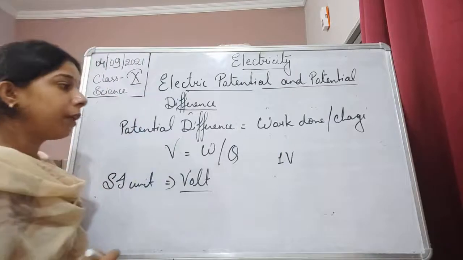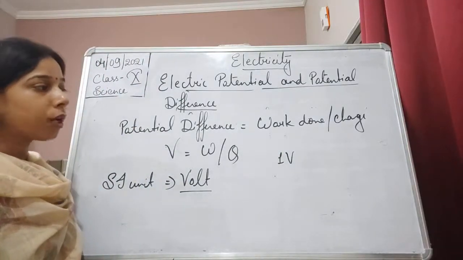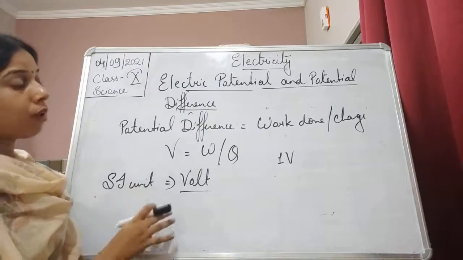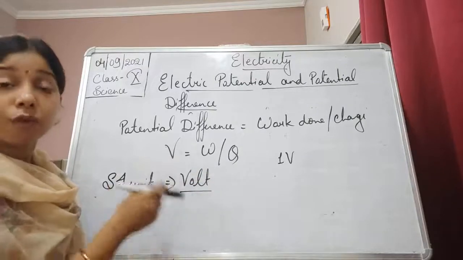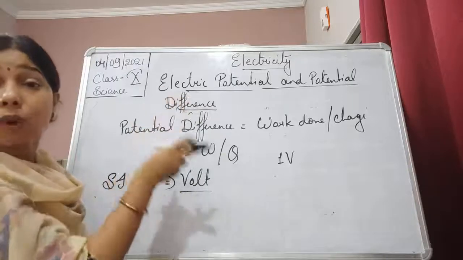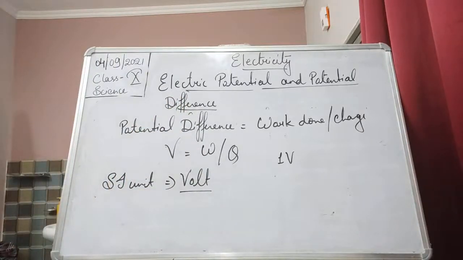Now, what will be 1 volt? So 1 volt will be the amount of work done. 1 joule of work done to move 1 coulomb of electric charge from one point to another gives 1 volt, and that is the definition of 1 volt.